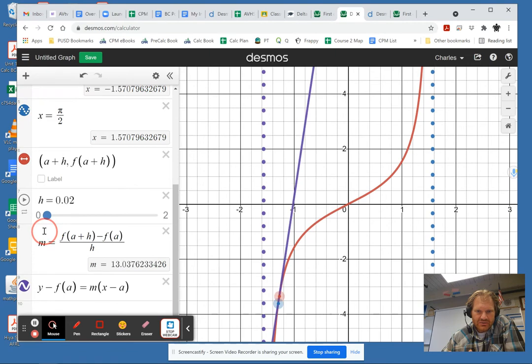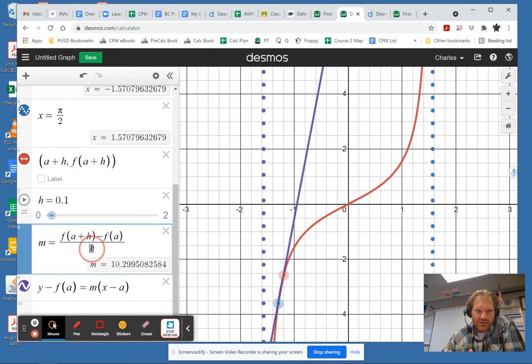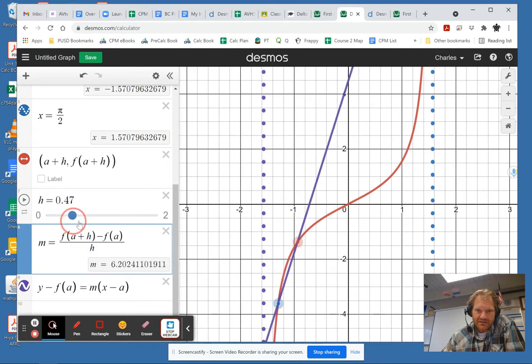Once h is equal to 0, I should have a tangent line, although in my formula the line disappears because then I would be dividing by 0, and I'm not allowed to do that. But that's the idea of h, right? That's how we move from average rate of change to instantaneous rate of change.